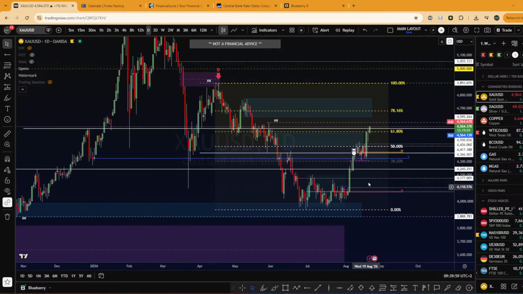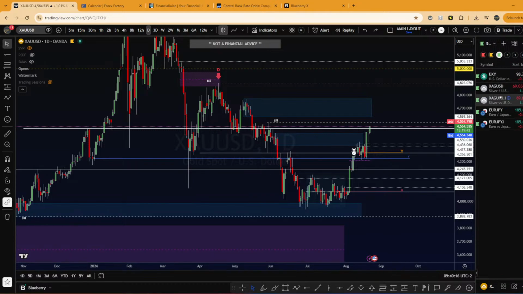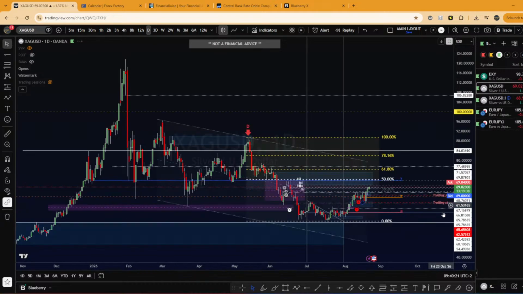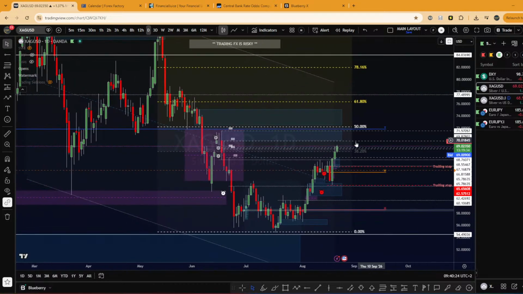So because of that, I prefer silver. But if the gold gives me some retracement, I will be happy to buy again around here. But I just find that the silver has better price action and gives more room to target.